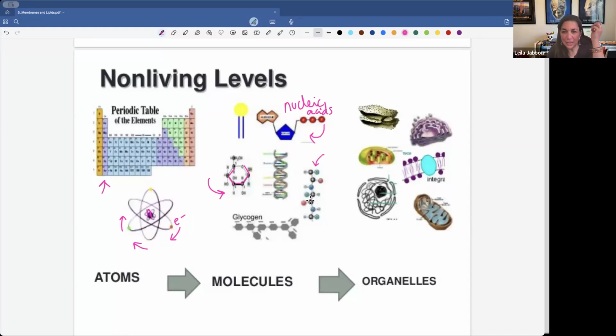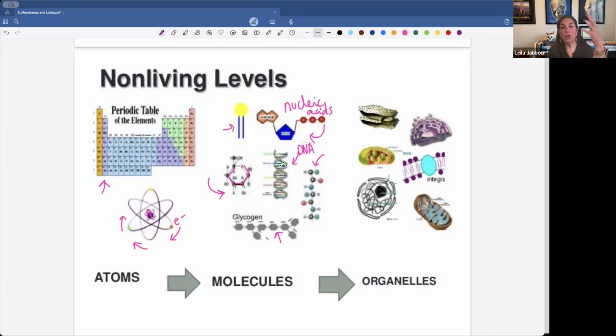Here it looks like a chain of amino acids. This looks like a chain of glucose that forms glycogen. And this is a DNA molecule made of many, many nucleotides. This looks like a phospholipid.